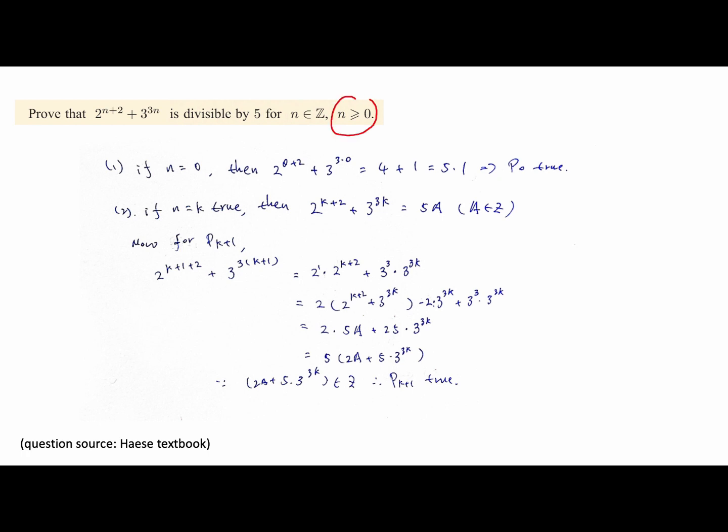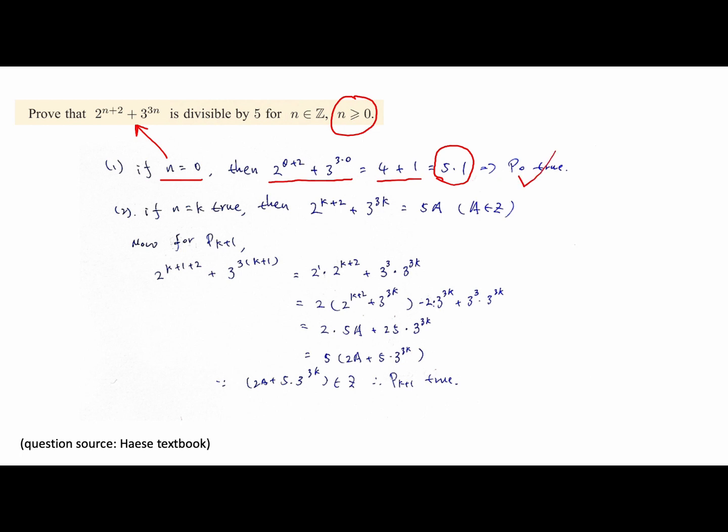From here, we can see that the first proposition is P0, which means we use n is 0 to substitute into this expression. Then we get 2 to the power of 2 plus 3 to the power of 0, which is 4 plus 1, and is 5. Now we want to make it super clear. 5 can be factorized into 5 times 1, which means divisible by 5.